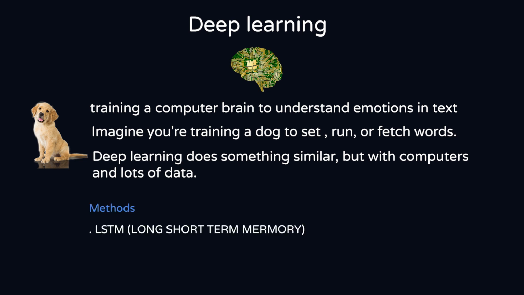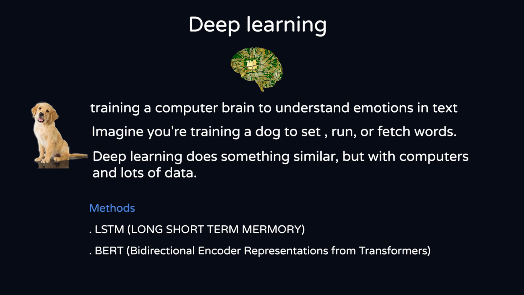Some of the most famous methods used in emotion detection are LSTM, long short term memory, and BERT, bidirectional encoder representation from transformers, and USE, not USA, USE, the universal sentence encoder.